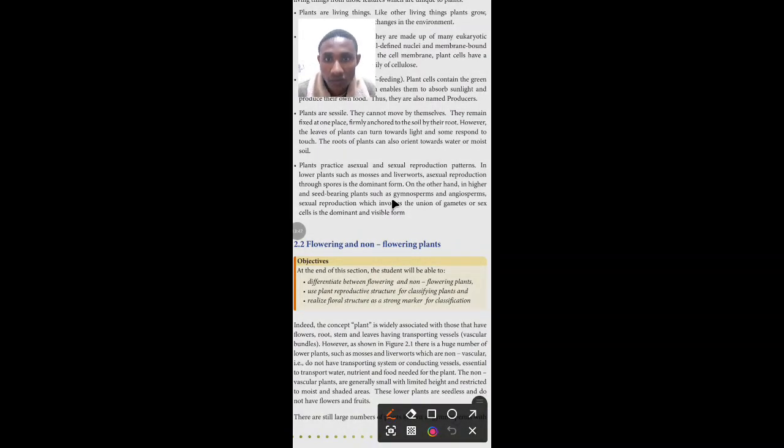So mosses and liverworts reproduce asexually by spores, but higher plants, the gymnosperms like conifers and cycads, and the angiosperms, the flowering plants, reproduce sexually. Gymnosperms reproduce by cones, but angiosperms reproduce by what? By flowers.